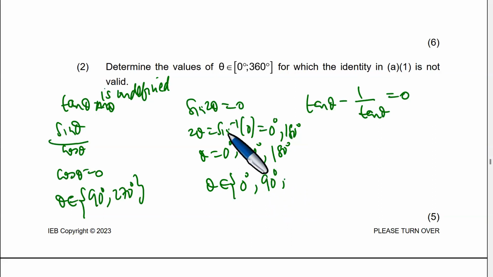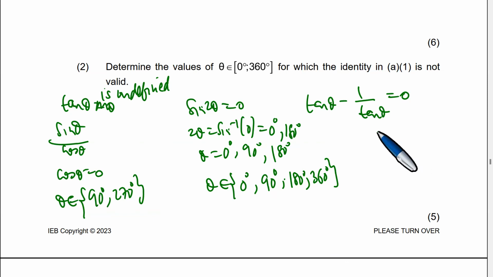So you have 180. 2 times 180 is 360. So also 180 degrees. Okay, we're looking at the angles between these, but also when we have 360.